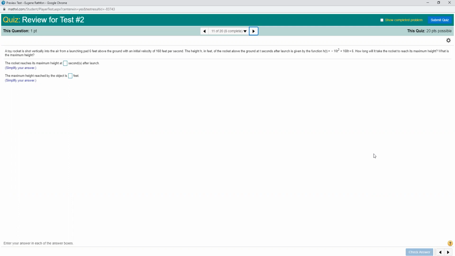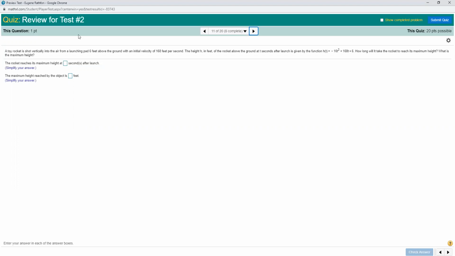So we'll see. Now this one, all you got to do is take this formula here, h of t equals -16t squared plus 168t plus 6, and do the vertex formula to it.